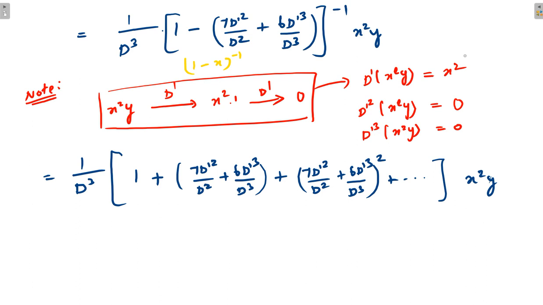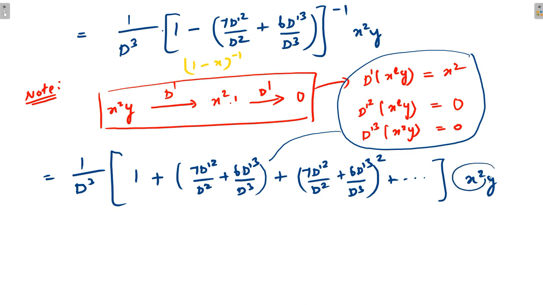So by using this concept, if you apply this term inside this close bracket and differentiate x squared y twice or thrice, that term is going to be 0. So no need to include it in the next step. I have cancelled this term because the second derivative and the third derivative of x squared y with respect to y is going to be 0.